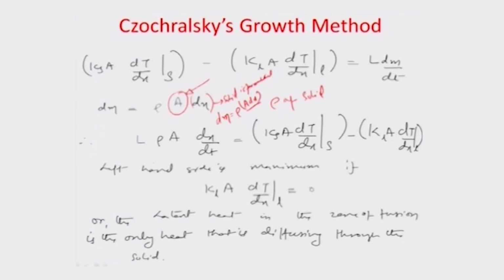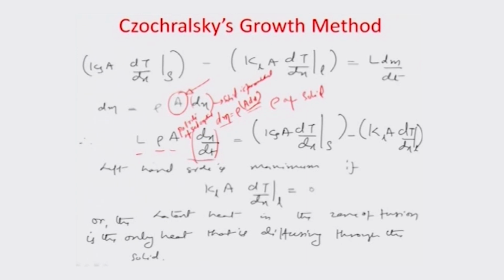So, if we equate the new term obtained for dm into the earlier equation, we have L times rho times A times dx/dt, which is nothing but the pull rate of the seed crystal, in terms of the rate of displacement of the seed with respect to the crucible.